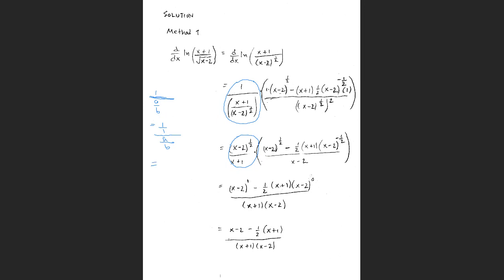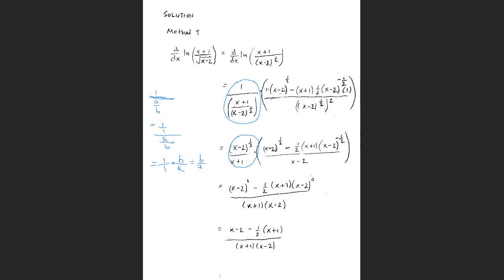And so a fraction divided by a fraction equals the fraction on top multiplied by the reciprocal of the fraction on the bottom. So 1 divided by the fraction a over b will simply equal b over a.